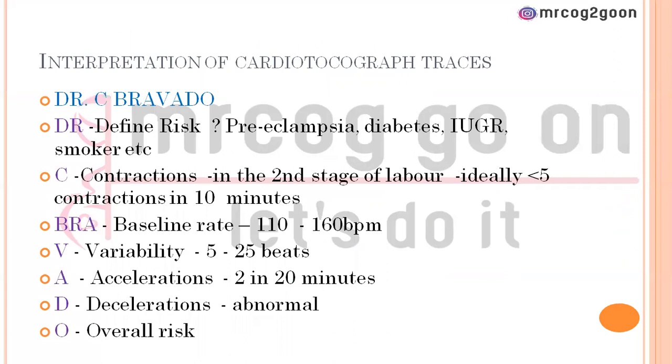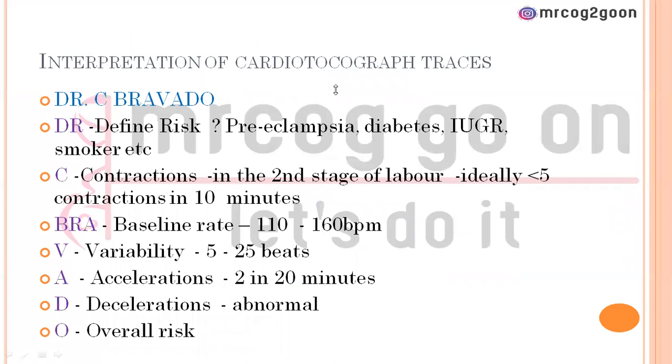Okay, let's go for the CTG. I know this is the problem of many. Dr. Radisa, do you have a question? You raised your hand.